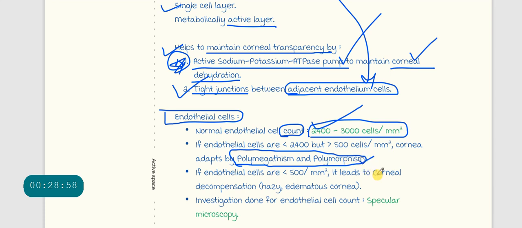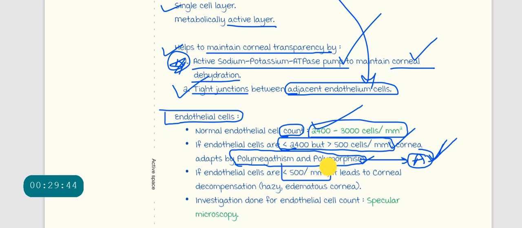When the endothelial cell count is less than 2400 but more than 500 cells per millimeter square, this adaptive mechanism comes into play. Now if the number of endothelial cells decreases below 500 per millimeter square, it will lead to corneal decompensation.